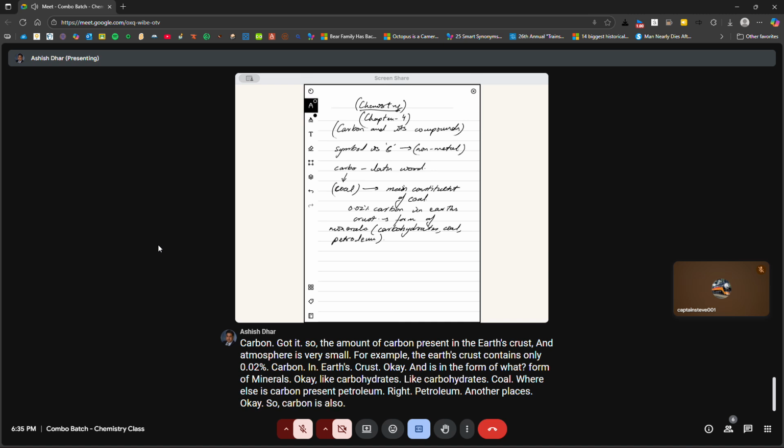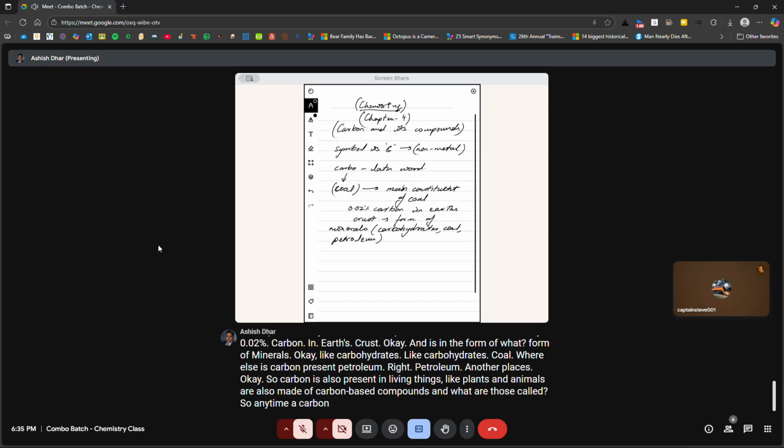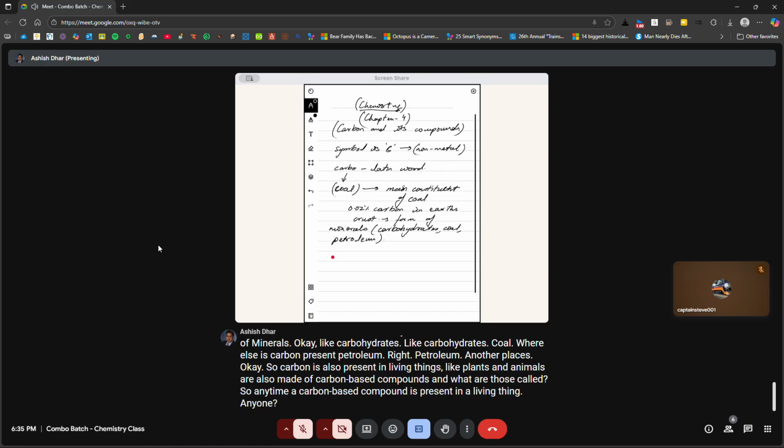Carbon is also present in living things, like plants and animals, which are made of carbon-based compounds. And what are those called? Anytime a carbon-based compound is present in a living thing, what is it called? Anyone?